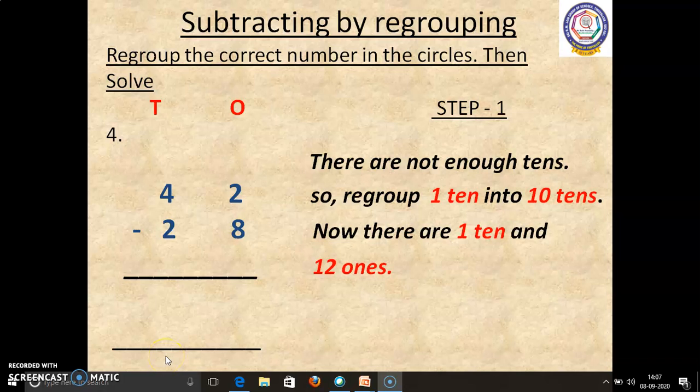Next sum, 42 minus 28. Step 1. There are not enough ones. Why? Because number 2 is the smallest number when compared to number 8. So we have to regroup 1 ten into 10 ones. 4, before it 3. Now there is 1 ten and 12 ones.